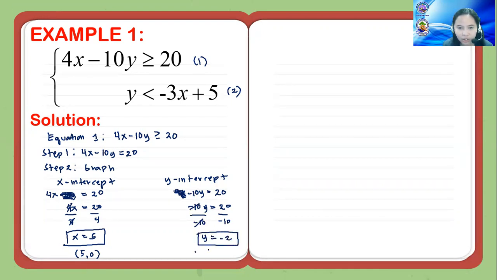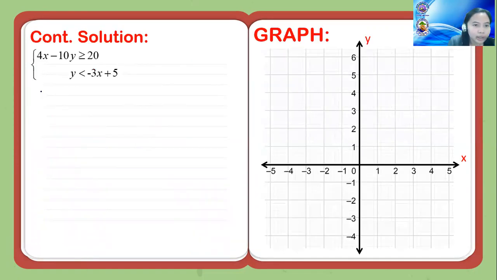So since it is a y-intercept, we have the ordered pair 0, negative 2. Okay? So let's write for the next slide the values of x and y. So in the equation 1, we have x is equal to 5 and then y is equal to negative 2.